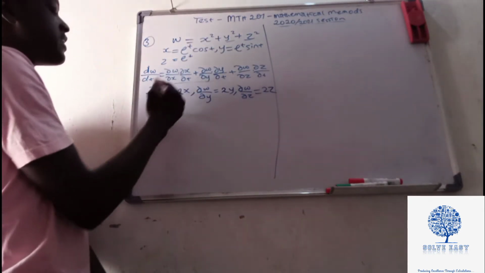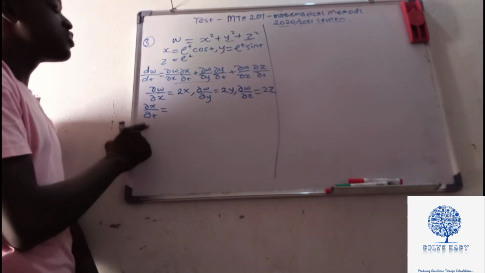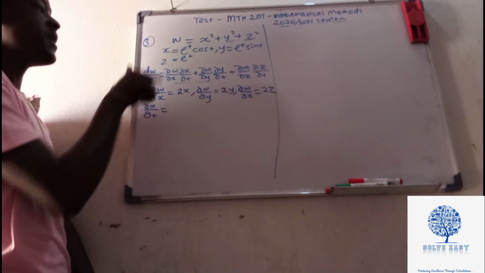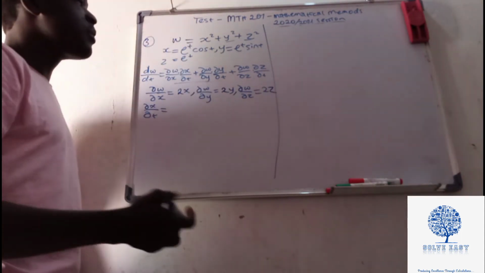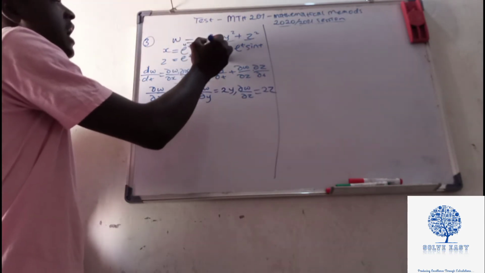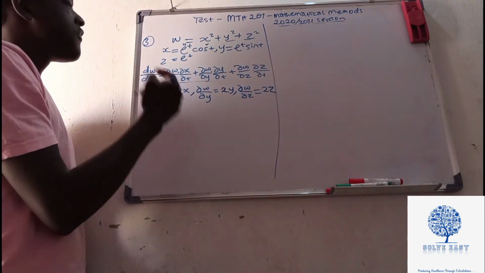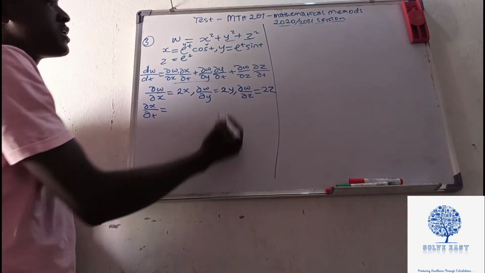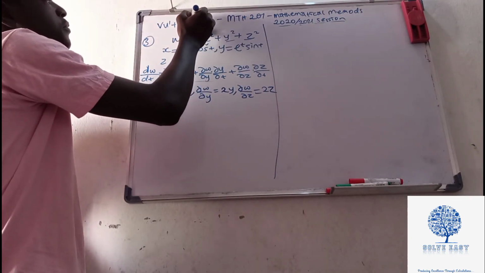Now we have to find dx/dt. Finding dx/dt means we should differentiate x with respect to t. But we can't differentiate this without using the product rule because we have a variable t here and a variable t here. So we call this u and call this v. Our formula for the product rule says v times u prime plus u times v prime.